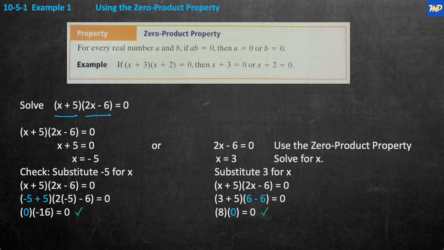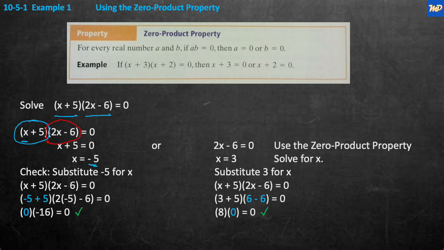Now what that's telling you is that if the x in the equation is equal to negative 5, this part is going to go to 0, and if the x in the right-hand side of the equation is equal to 3, then this side is going to go to 0.